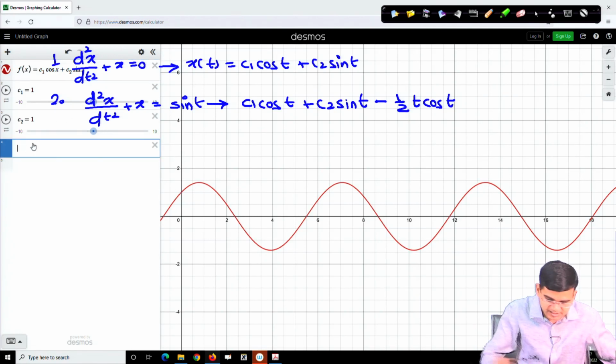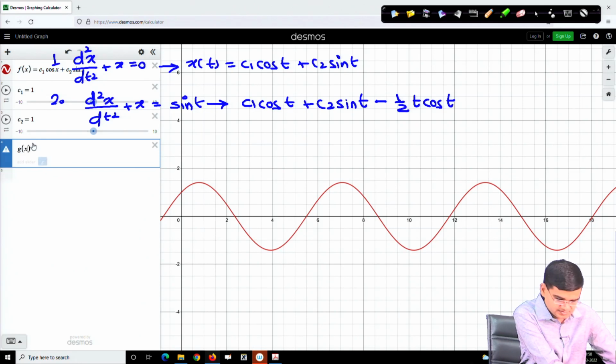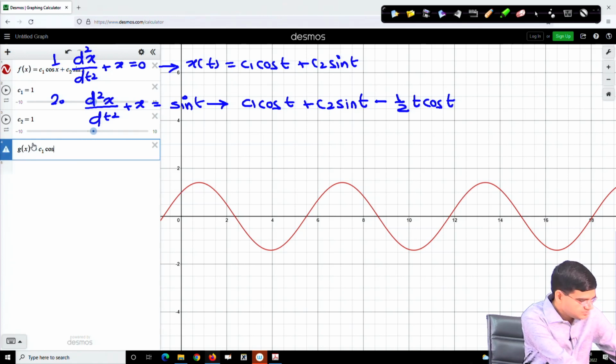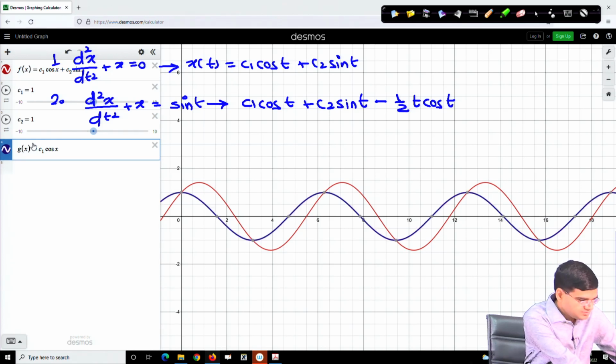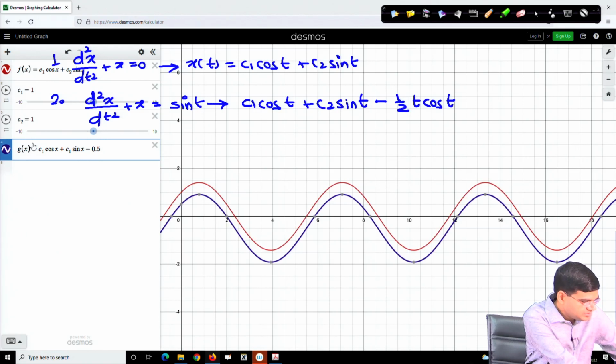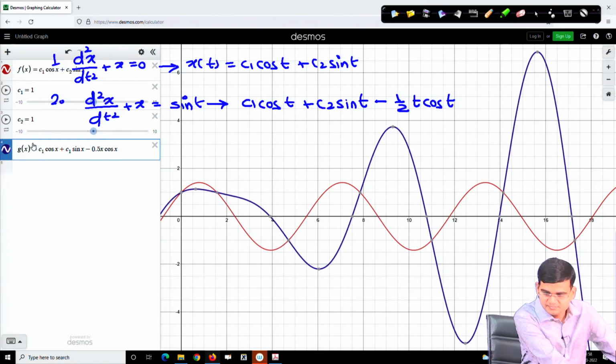So, I will write here g of x is equal to c1 cos x plus c2 sin x minus 1 by 2 x cos x. Okay.